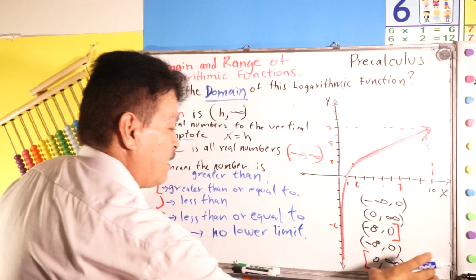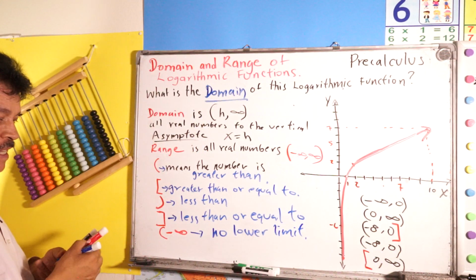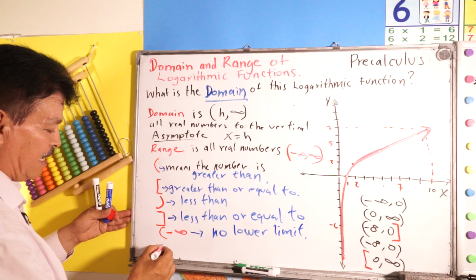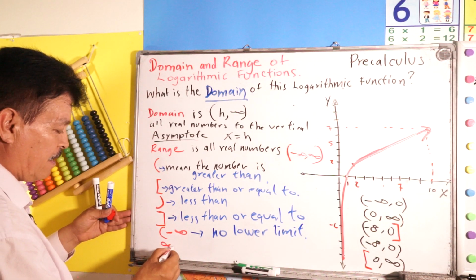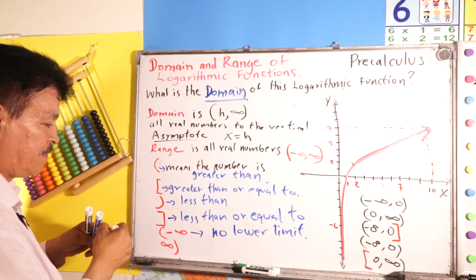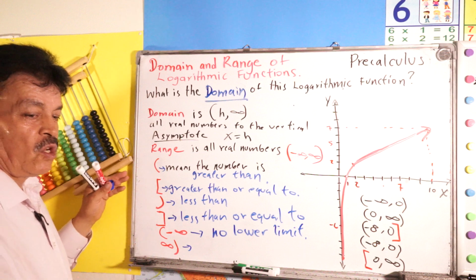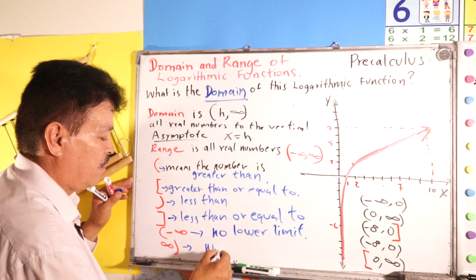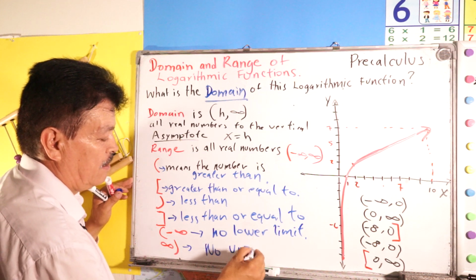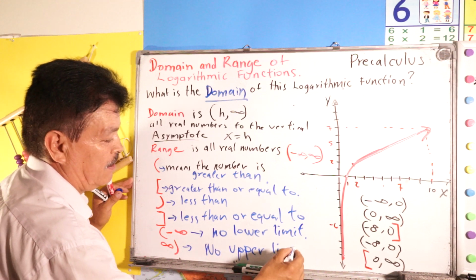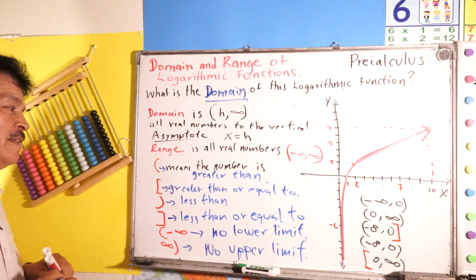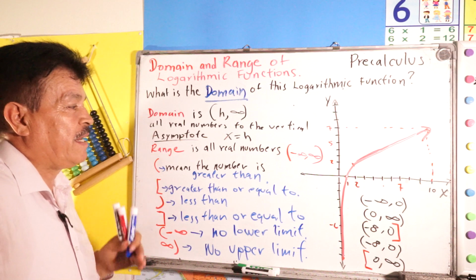Okay, very important ideas. And then you see the sign in this way, like this, then this means no upper limit. Okay, I explained all signs.